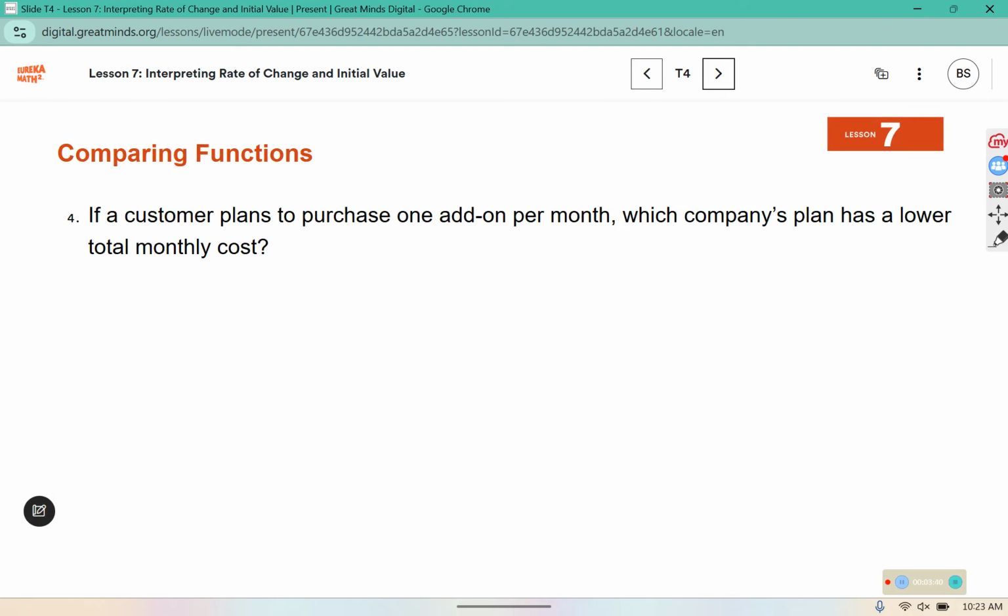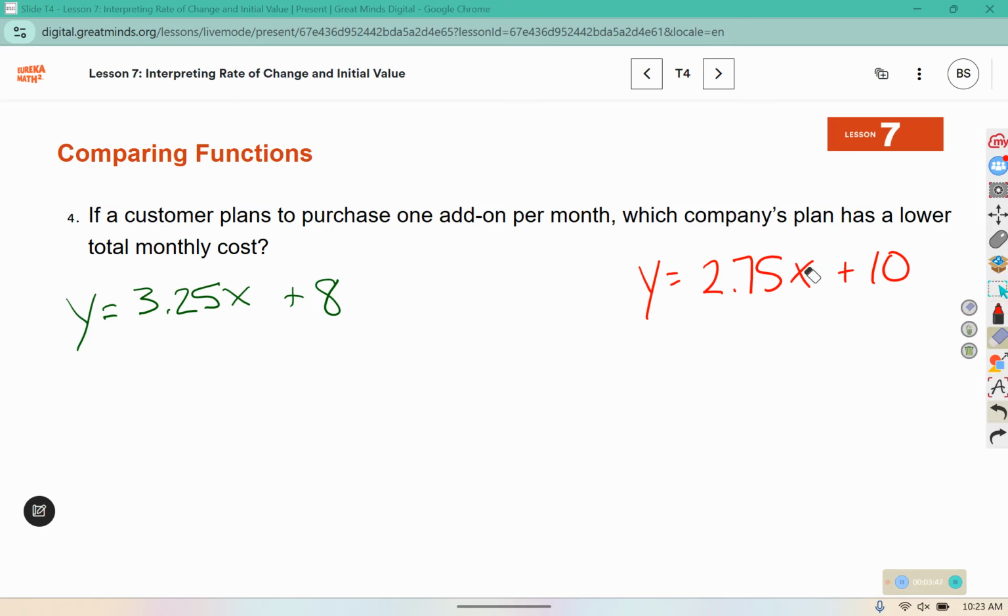If a customer plans to purchase one add-on per month, which company plan has a lower total monthly cost? If we replace x in each of these scenarios with the number 1 and solve it for y, that'll tell us how much it costs for one add-on. That would be $3.25 plus 8 is $11.25.